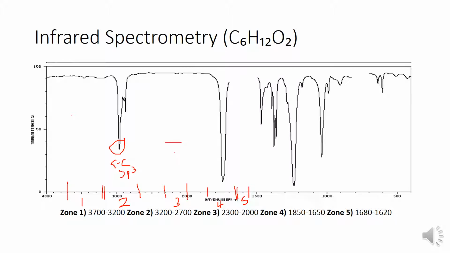So in Zone 4, we notice that we do have another peak. And in Zone 4, we're going to find esters, aldehydes, and things of that nature. Zone 5, we notice that we don't have anything as well. And then after Zone 5, this area is known as the fingerprint region, and we disregard this region completely as it is not beneficial towards our structure.